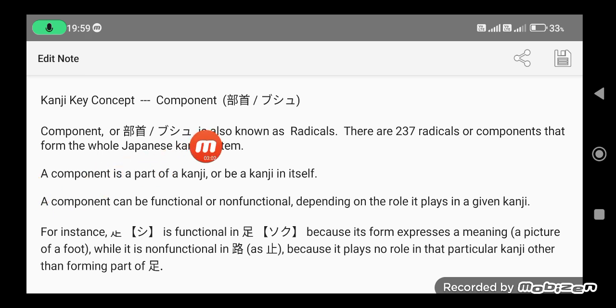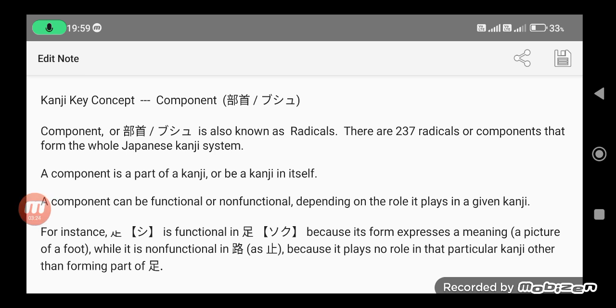Just like here, bushu. The term bushu, or component or radicals, is composed of 2 kanji, and per kanji you will see components or radicals.